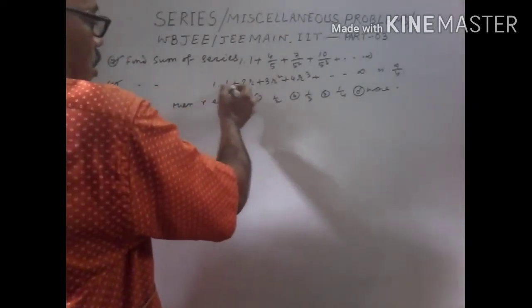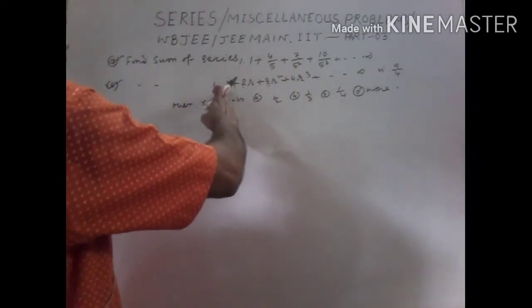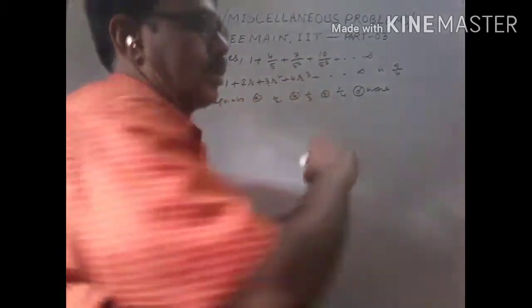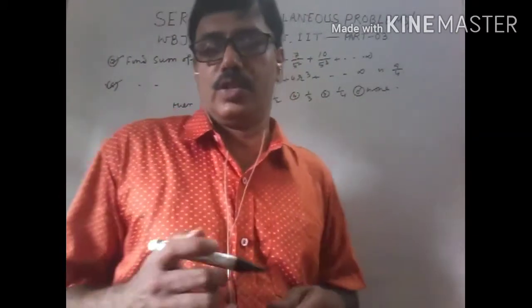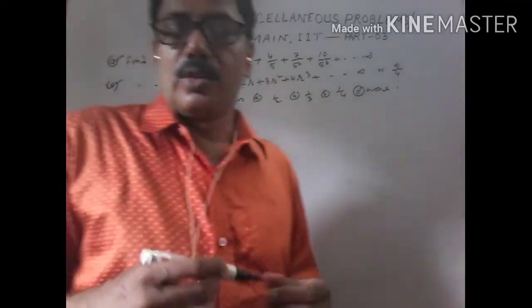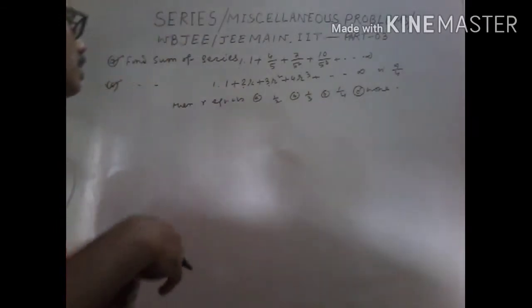So problem number 6. Look, 1, 2, 3, 4 form AP, and 1, R, R square, R cube form GP. So they are called arithmetic geometric series. So how to find the sum of an arithmetic geometric series?